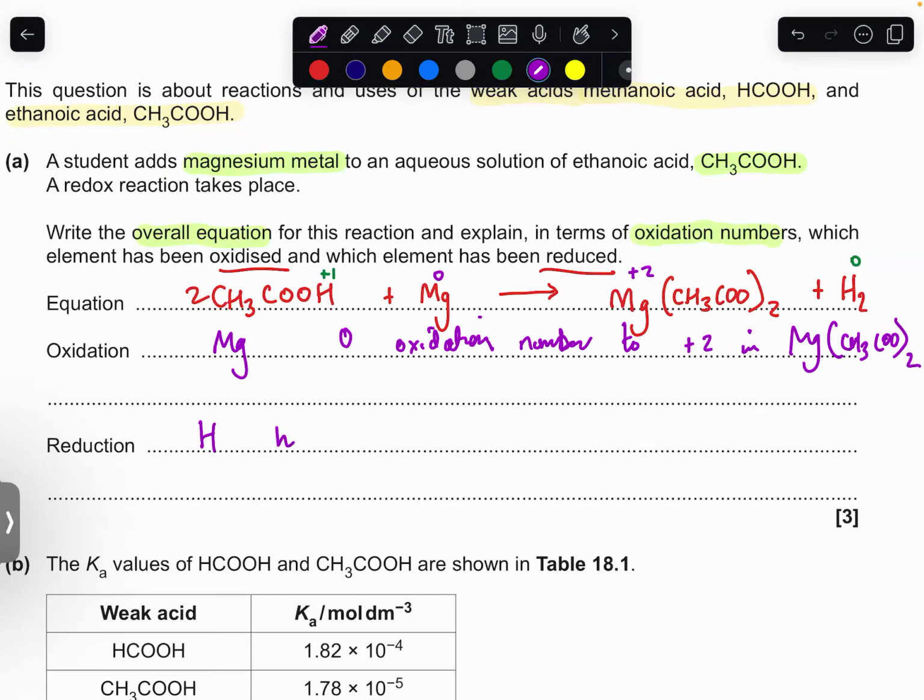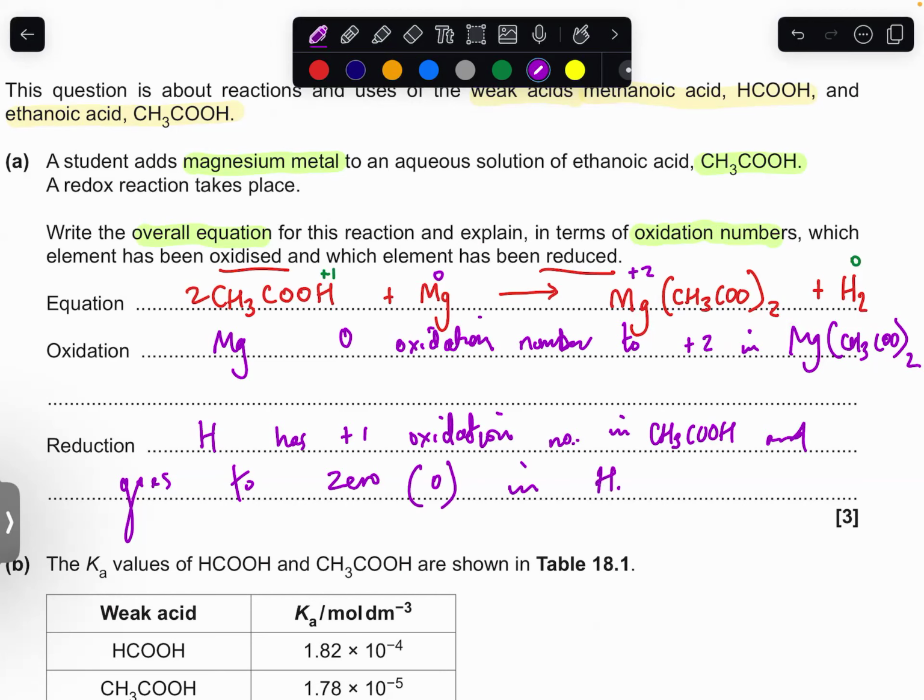Hydrogen has +1 oxidation number in ethanoic acid and goes to 0, therefore it's gained electrons, it's been reduced.